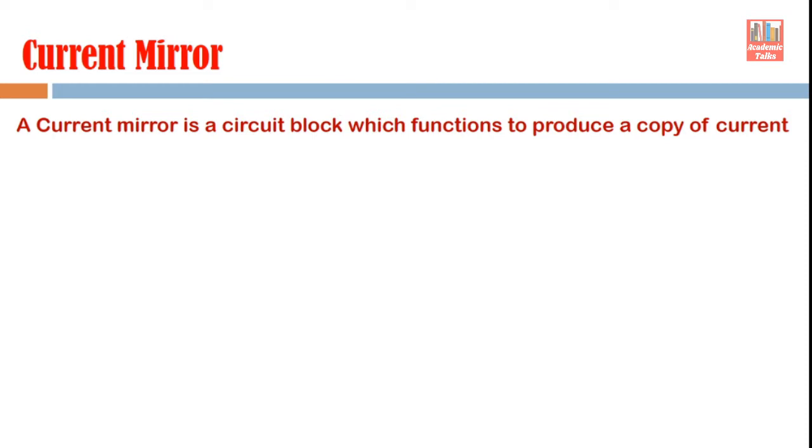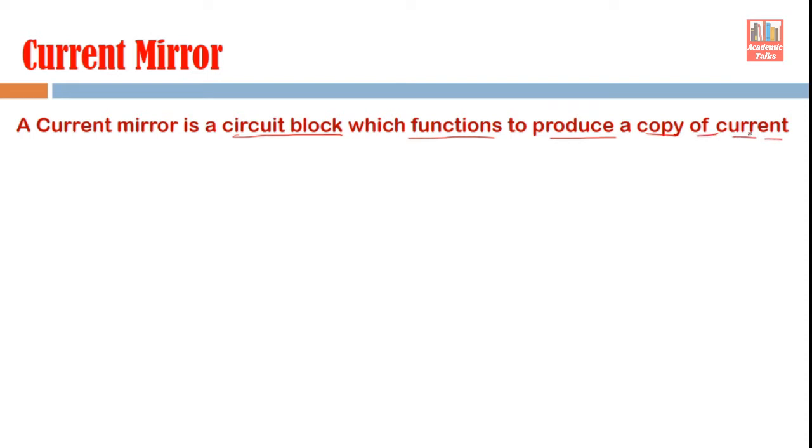So let's start. What is a current mirror? The word mirror signifies its functioning. A current mirror is a circuit block, a circuit whose function is to produce a copy of current.